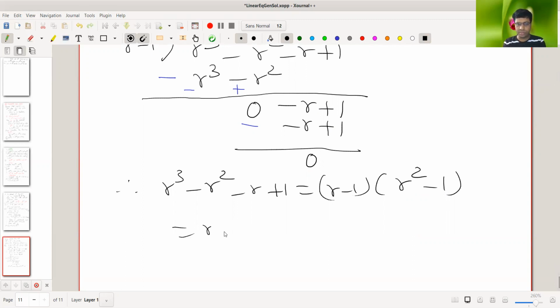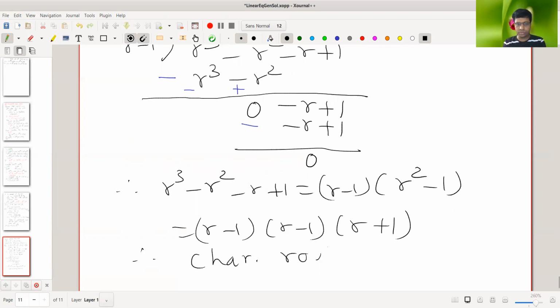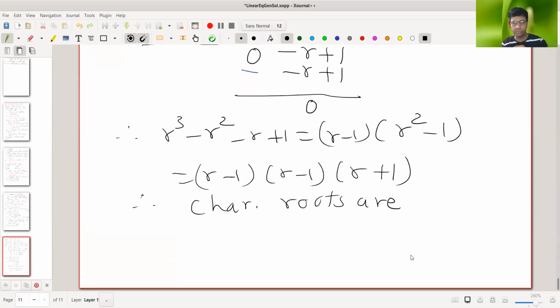So this is r minus 1 squared times r plus 1. Therefore characteristic roots are one, repeated twice, and minus 1.